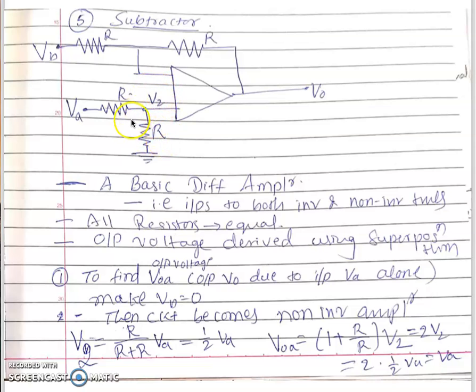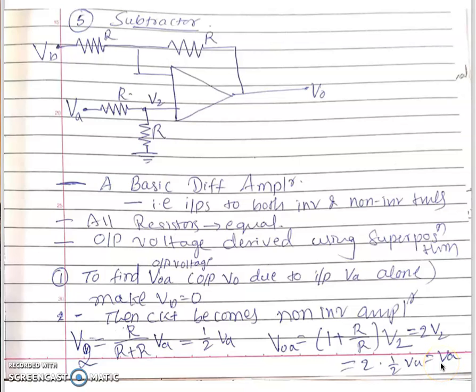So V2 is equal to the current flowing here, that is VA divided by R plus R, into this resistance R. This is what we have for V2 in terms of VA. And if we simplify, it becomes half VA. So we substitute this value over here. We have VOA as 2 times V2, and if V2 is substituted with half VA, the 2 cancels and we are left with VA. So VOA is equal to VA.